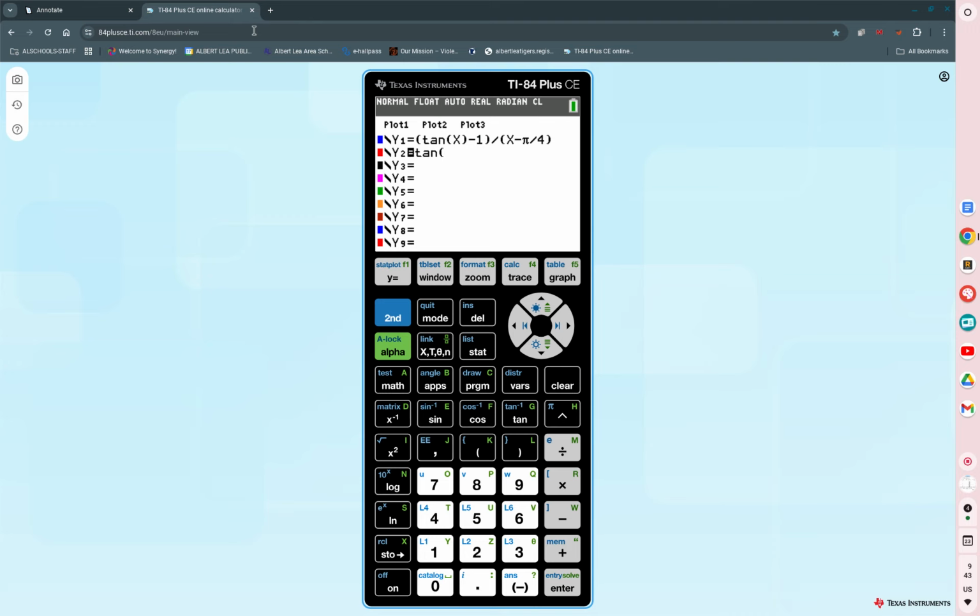I want to see the graph of tangent of x, and I'm going to see if my supposed tangent line touches that just once. My tangent line, we said, would be 2x minus pi over 2 and plus 1.